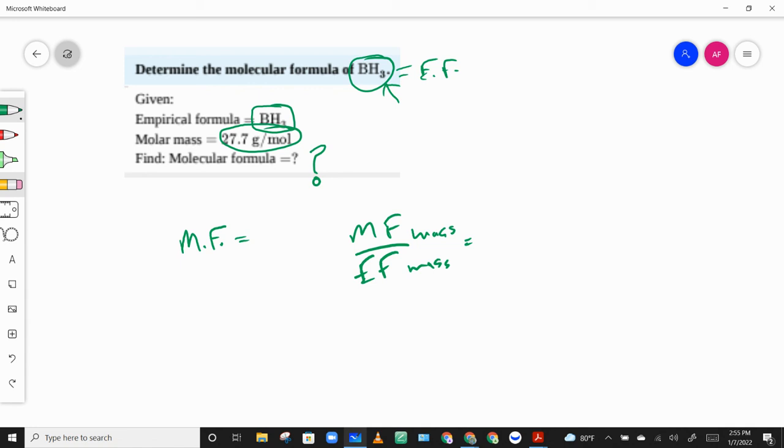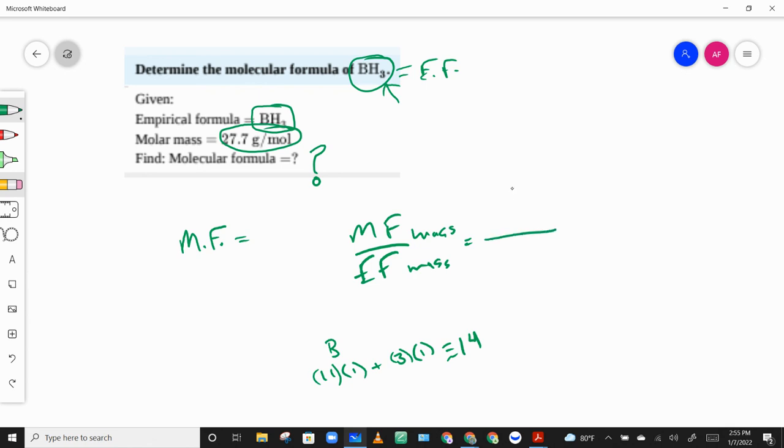So here, in order to find the empirical formula mass, we use the periodic table again. For BH3, boron is about 11, and we have one of them, so multiply by 1, plus H, there are 3 H's, multiplied by the molar mass of hydrogen, 1. 11 plus 3 is approximately 14.